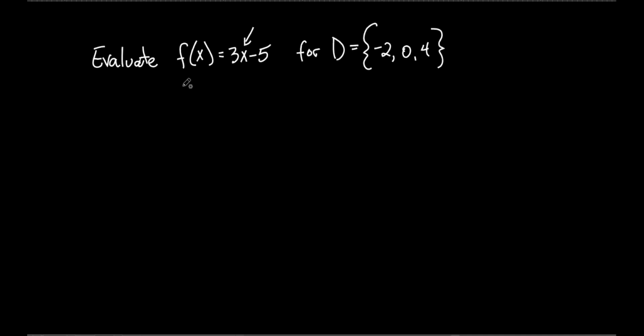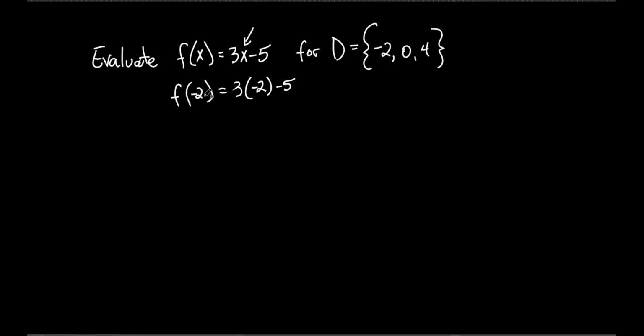So what does that mean? What we're going to do is find f of -2. Where did I get that -2 from? From my domain, that's right. So if I found f of -2, what do I write? 3 times -2. All we did was just replace the x with -2.